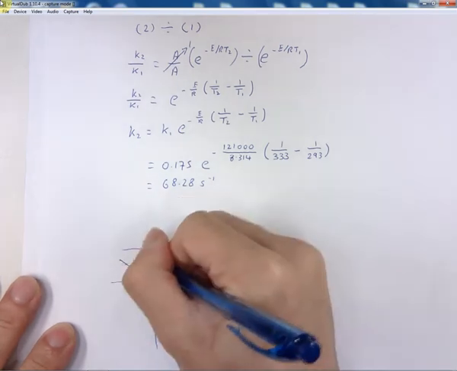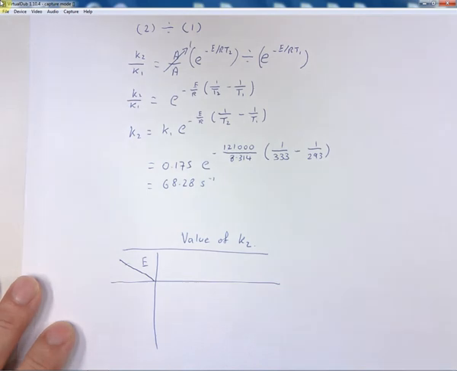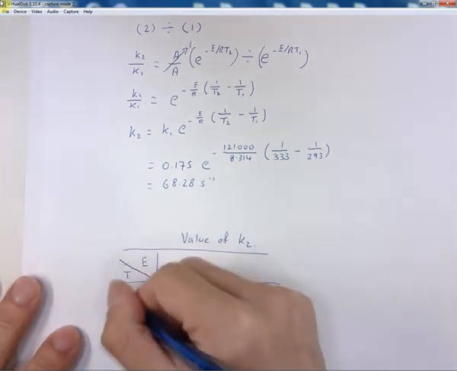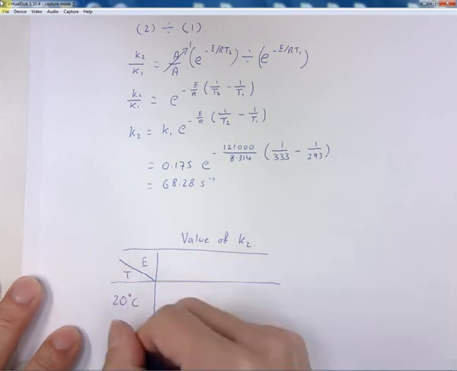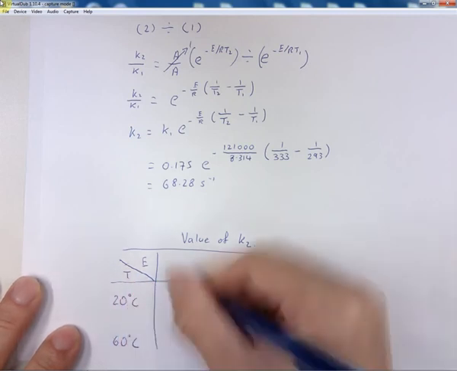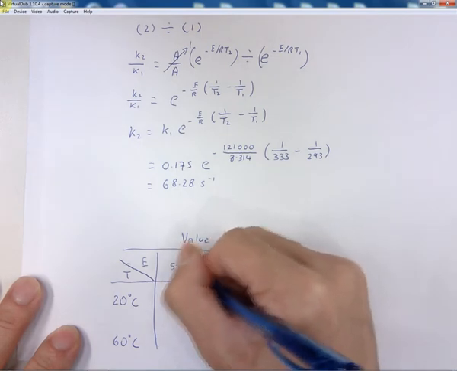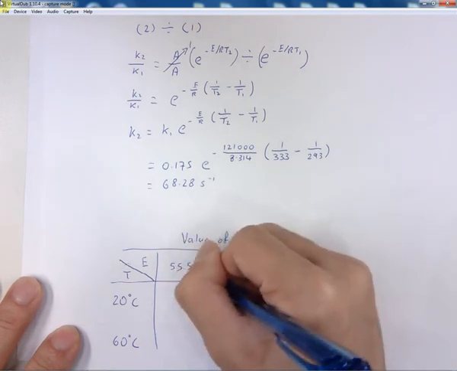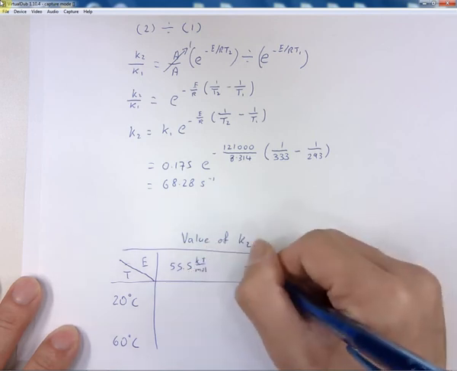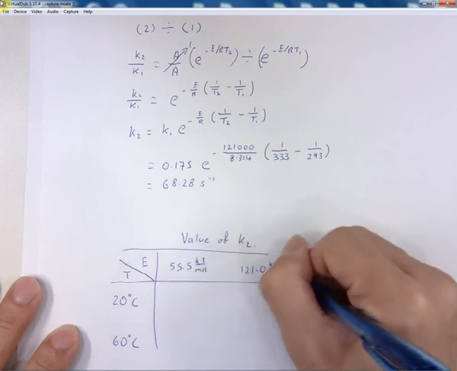On this side I place activation energy, and this one I put as temperature, at 20 degrees Celsius compared to 60 degrees Celsius. The activation energy is 55.5 kilojoules per mole, and this one is 121.0 kilojoules per mole.